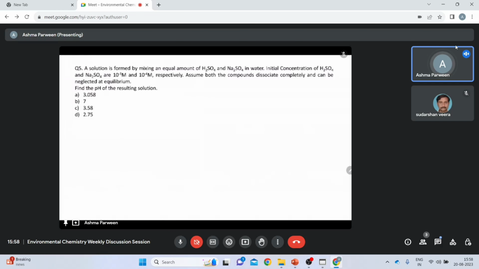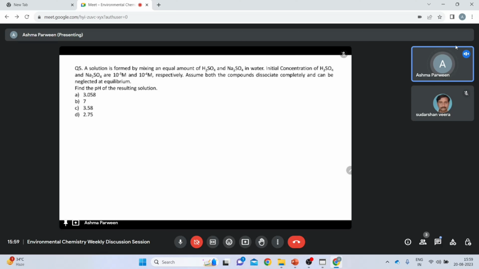In question number 5, the question is: a solution is formed by mixing an equal amount of sulfuric acid and sodium sulfate in water. Initial concentrations of H2SO4 and Na2SO4 are given. Assume both the compounds dissociate completely and can be neglected at equilibrium. Find the pH of the resulting solution.